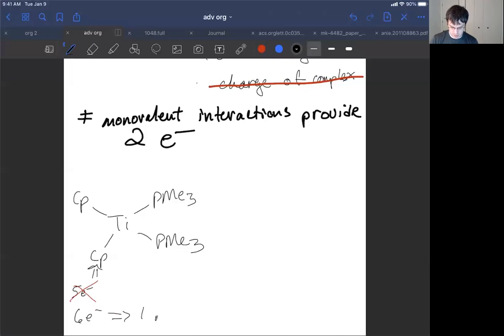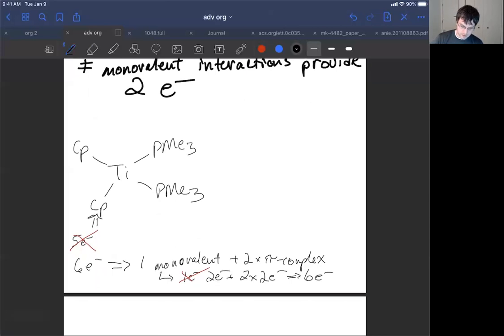Well, we have 1 monovalent interaction plus 2 pi complexes. 2 pi complexes provide 2 electrons each, but now the 1 monovalent interaction went from 1 electron to 2 electrons. So 2 plus 2 plus 2 is equal to 6 electrons total.